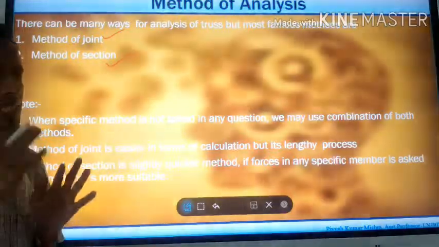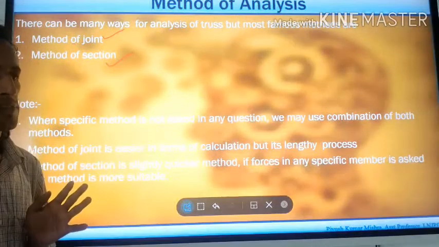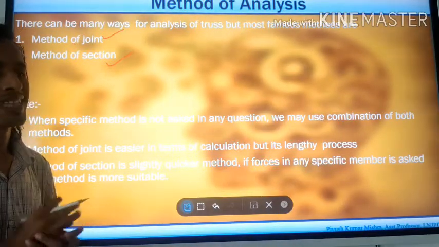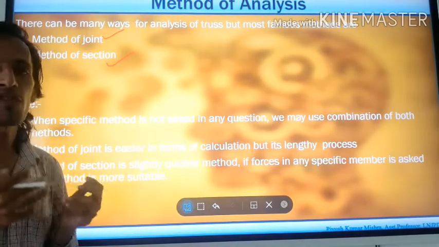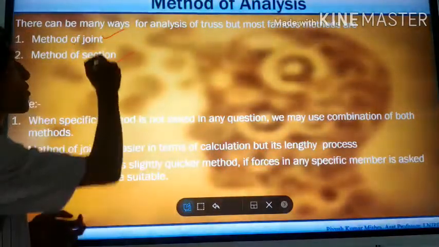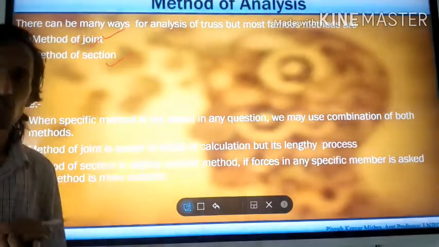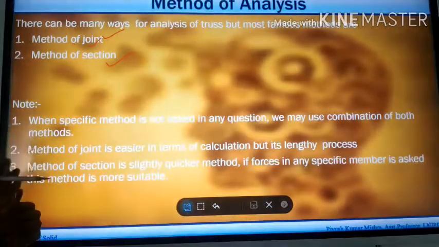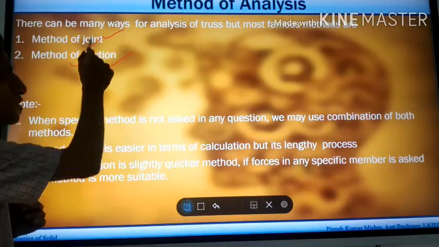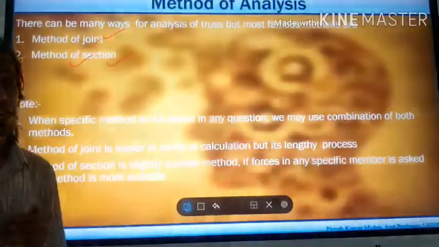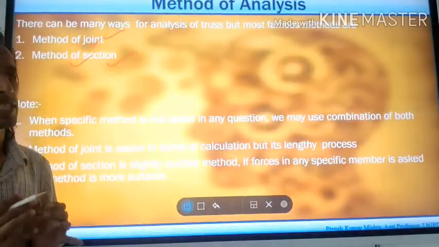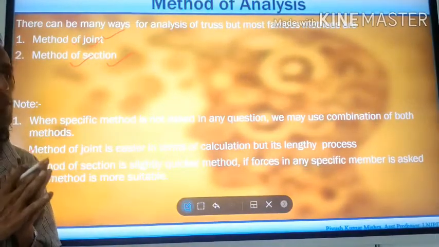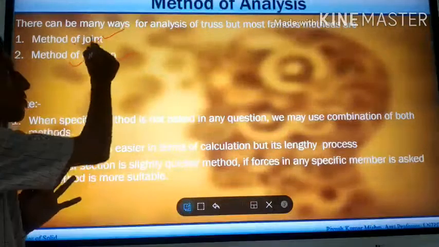But since it is simple, it is also a very lengthy process, so you will need to do a lot of calculation when doing the method of joint. But when you solve a truss using the method of section, you will realize that comparatively a few steps will vanish as compared to the method of joint.